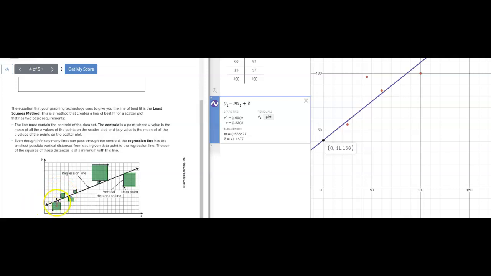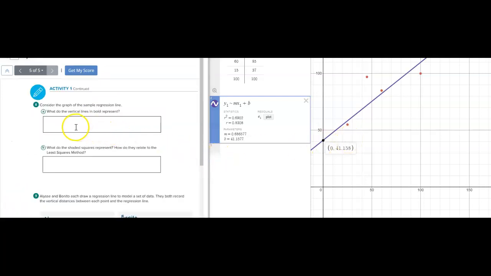So if you compared this line with another line, this one would have the smallest number of shaded boxes. It's kind of confusing at first, but it will make sense over time. So just get the general idea today, and then you will get a deeper understanding later.